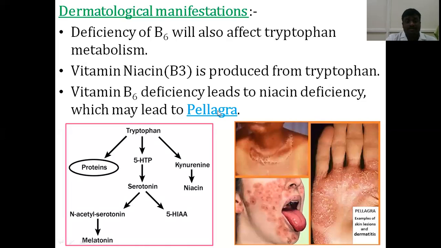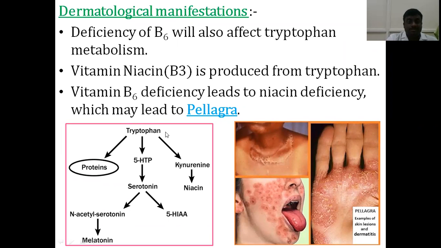Here, the niacin concentration in the blood depends on vitamin B6, pyridoxine, because during tryptophan metabolism, some amount of tryptophan produces niacin. This tryptophan metabolism mainly depends on vitamin B6.